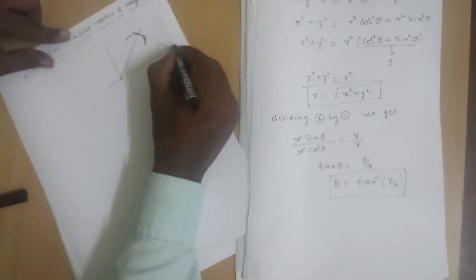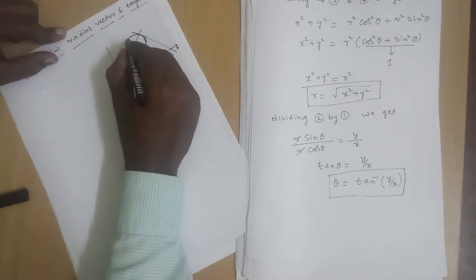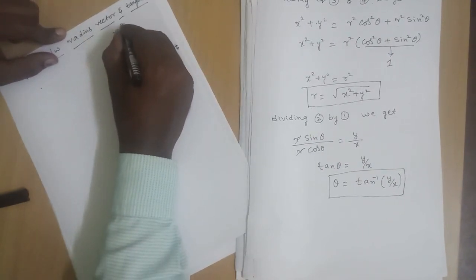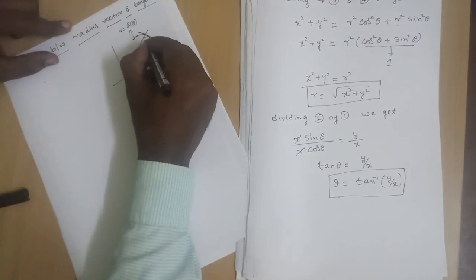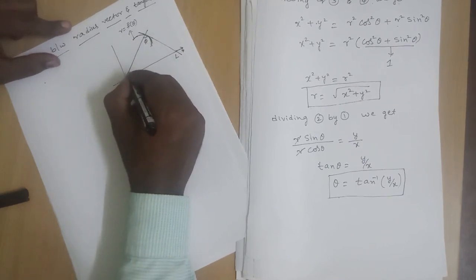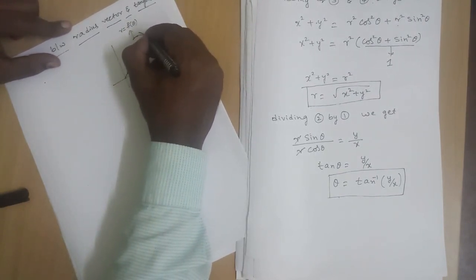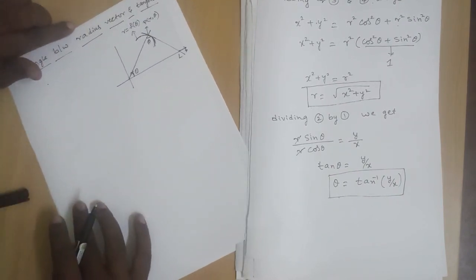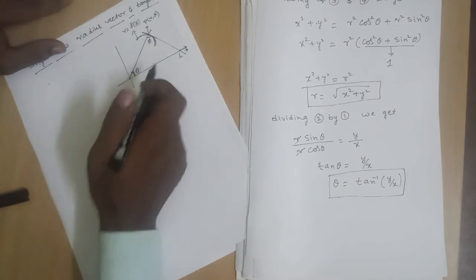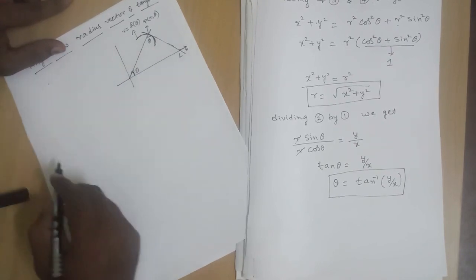Here I have called this one L, and this curve is r equals f of theta, and here you will get a phi. I have called this one theta, and this point is called P of r comma theta, the polar form point. This line is the tangent, remember that.